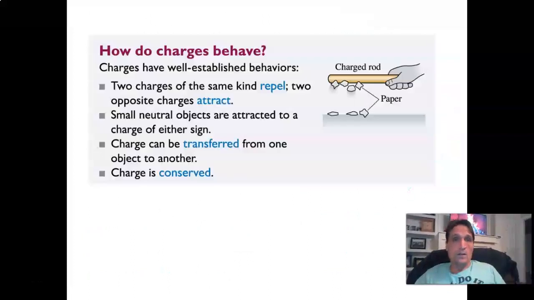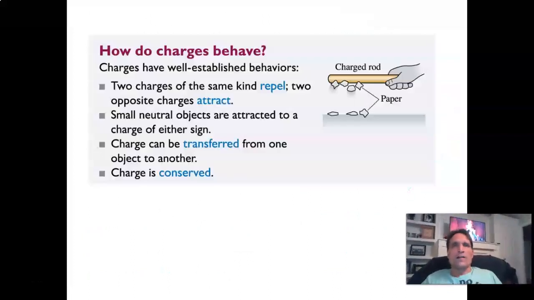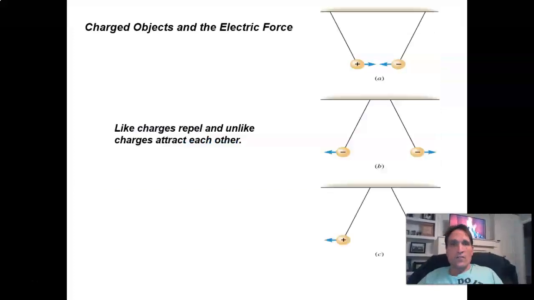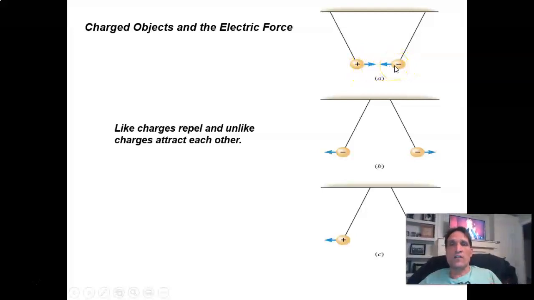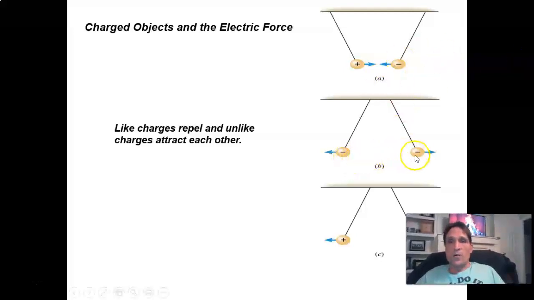Okay. So now that we've defined basically the origin of charges, how do charges behave? Well, if you have 2 charges, and we put a charge of plus 1 on this sphere and a charge of minus 1 on this sphere, and we put them together, they're going to attract, right? Positive charges and negative charges attract one another. Opposites attract. If we charge both of them negatively, they will tend to repel one another.